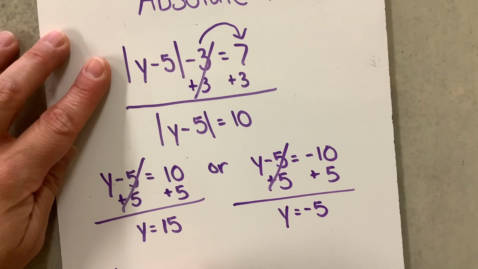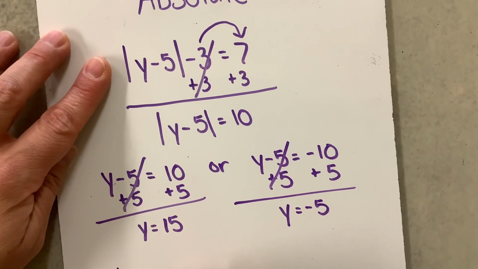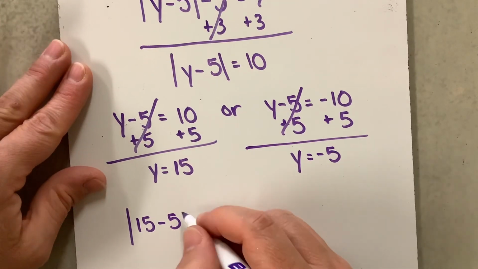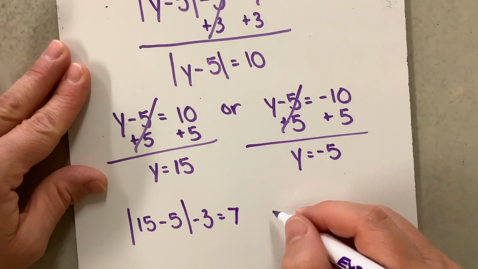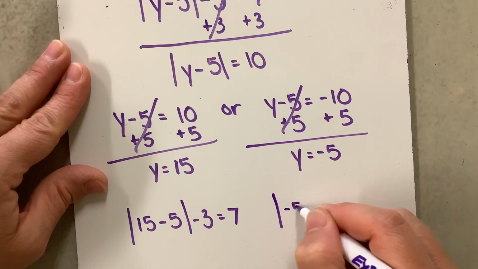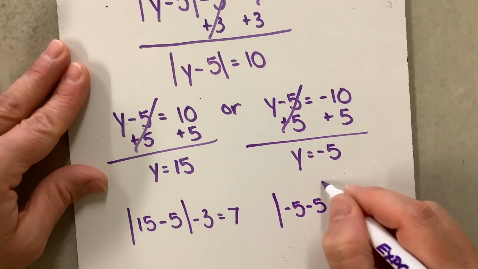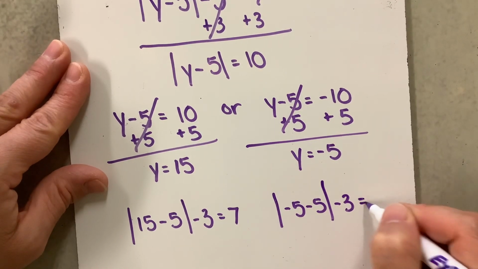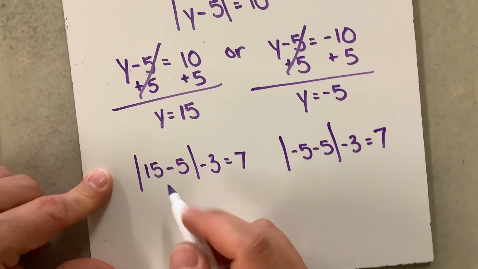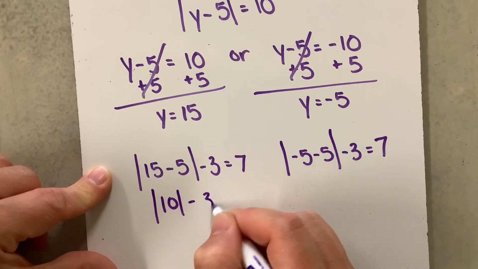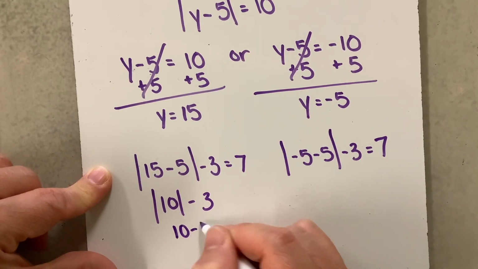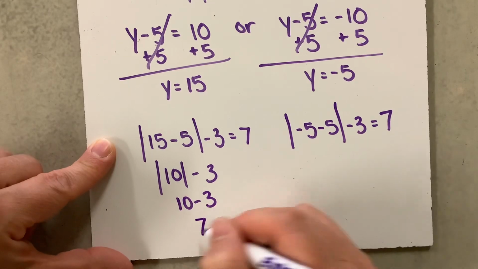So the absolute value of 15 minus 5, minus 3 should be 7. And over here, it'll be the absolute value of -5 minus 5, minus 3 equals 7. So let's see. 15 minus 5 is 10. The absolute value of 10 is 10. And 10 minus 3 is 7.